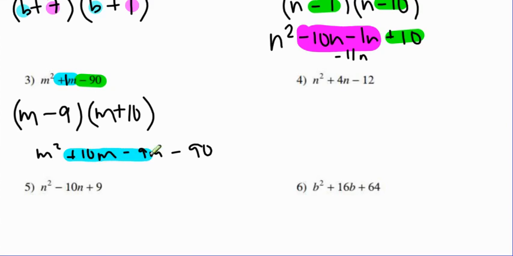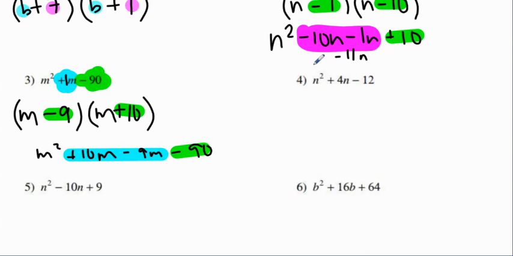If I have 10 minus 9m, I match this. I get my positive 1m. And if I take a negative 9 times a positive 10, I get my negative 90, which is also up here. So the m squared plus m minus 90 factored is m minus 9 times m plus 10.